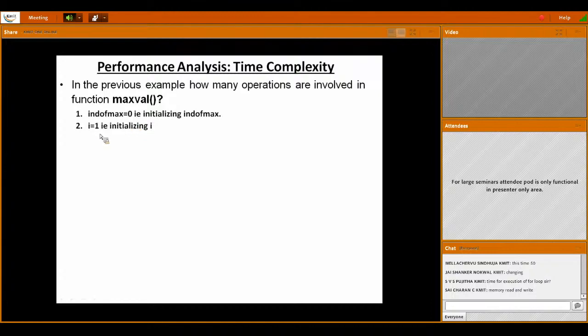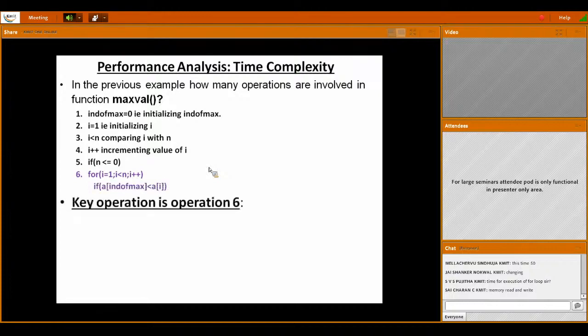Then i equal to 1, initializing i, right? We are also comparing i less than n, that is the comparison. Incrementing the value of i every time we are in the loop, then again a comparison, n less than or equal to 0, and then the loop is running n number of times. The loop is running starting from 0 less than n, so n number of times the loop is running, right? So the key operations as you are seeing on top are 6 as listed above.